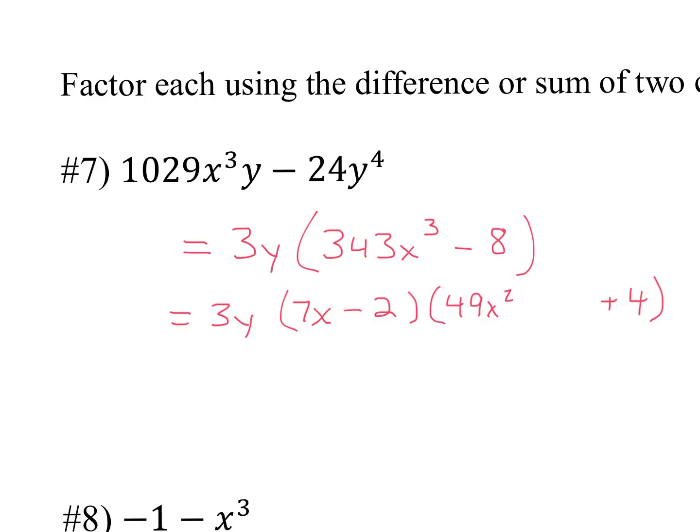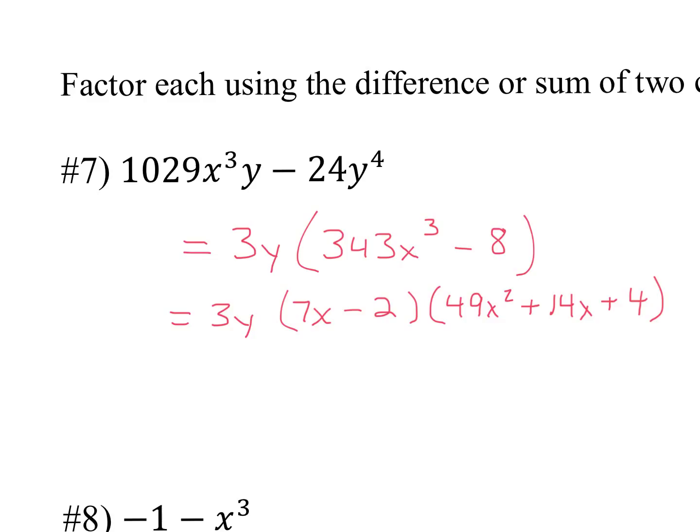It's a plus. What goes in for the middle term, I need to multiply these two terms together. 7x times 2, which is 14x. So this is factored by the difference of two cubes.